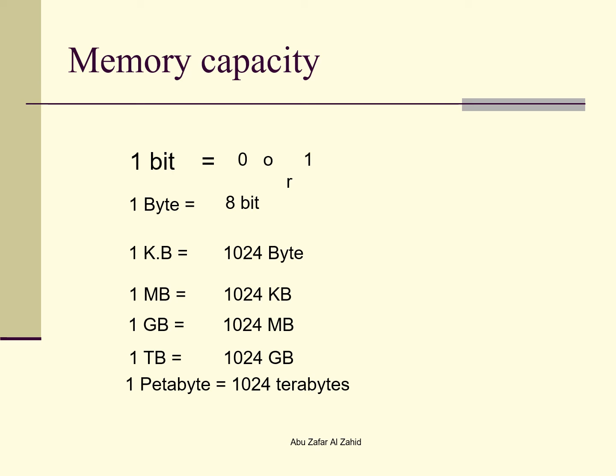A single 0 or 1 is regarded as 1 bit of memory. 1 byte is equal to 8 bits of memory. 1 kilobyte is equal to 1024 bytes. 1 megabyte of memory is equal to 1024 kilobytes. 1 gigabyte of memory is equal to 1024 megabytes of memory. 1 terabyte is equal to 1024 gigabytes. 1 petabyte is equal to 1024 terabytes.